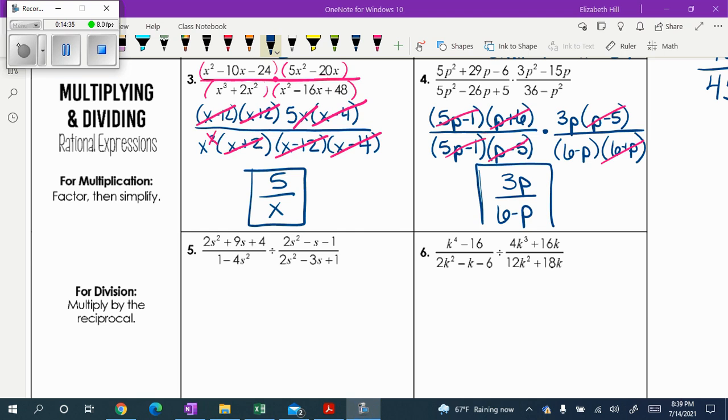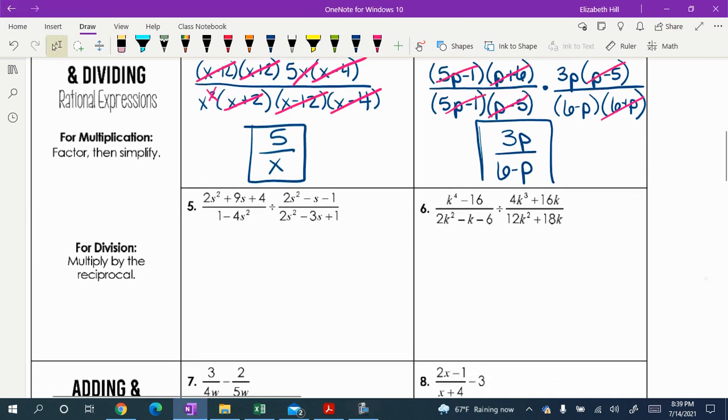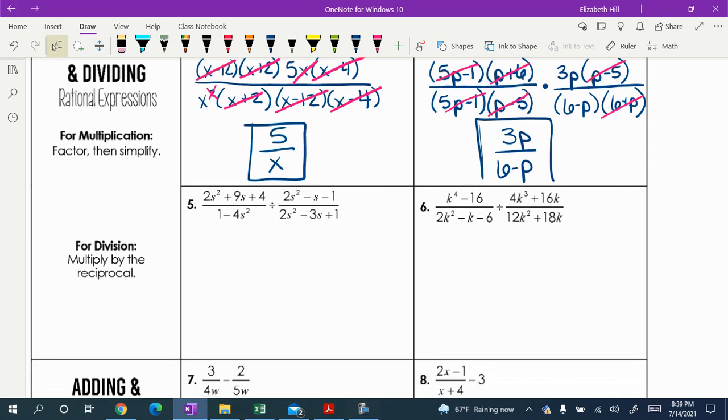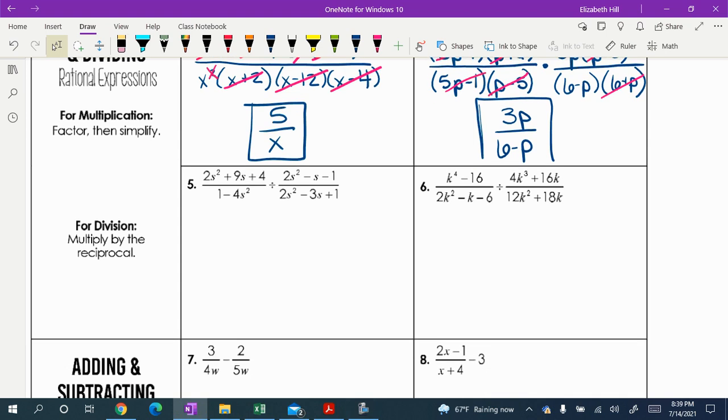All right, then for division, when you are dividing fractions, you are essentially multiplying by the reciprocal. Right here, multiply by the reciprocal. So we're going to take that second fraction right there, and we just want to flip it around. So I'm going to go ahead right here and I'm going to factor out the first part here.